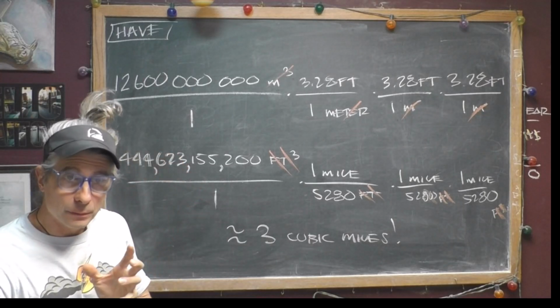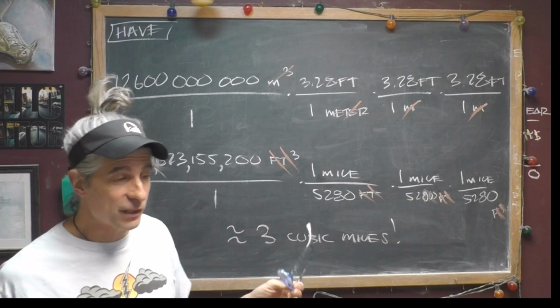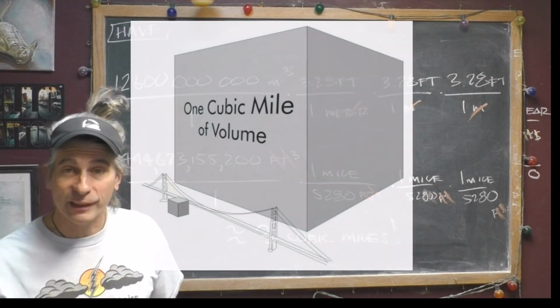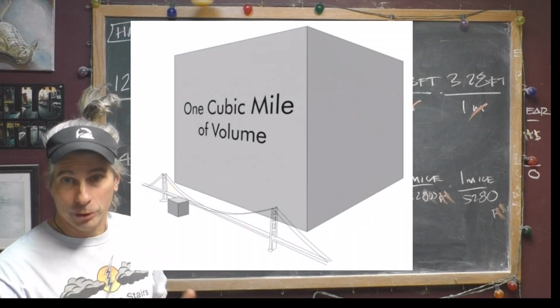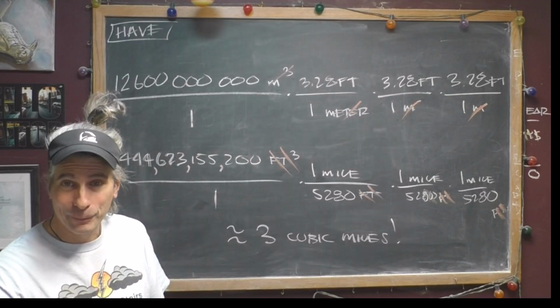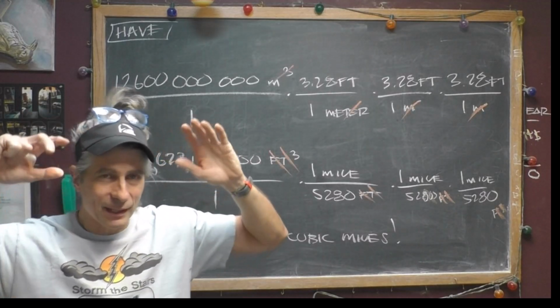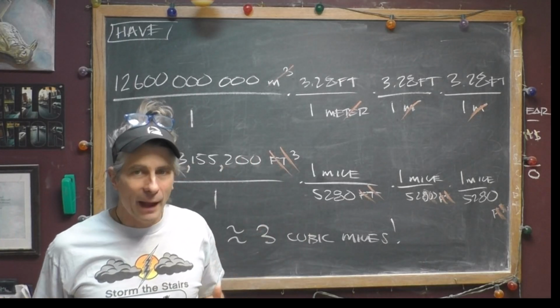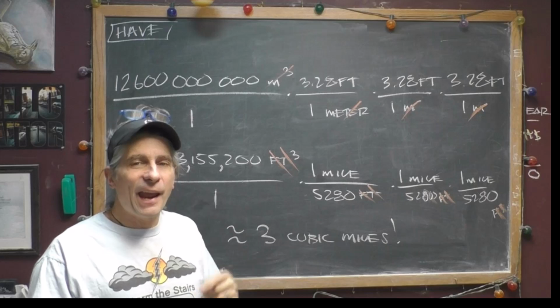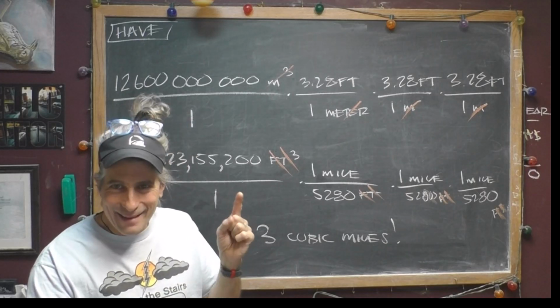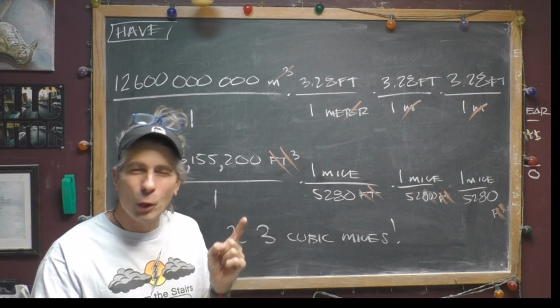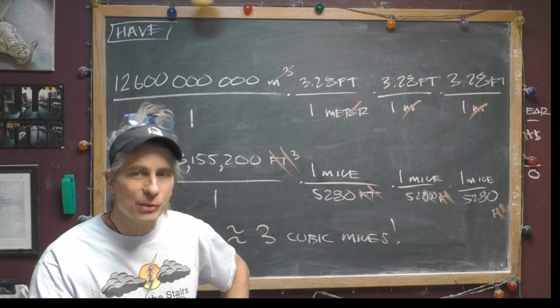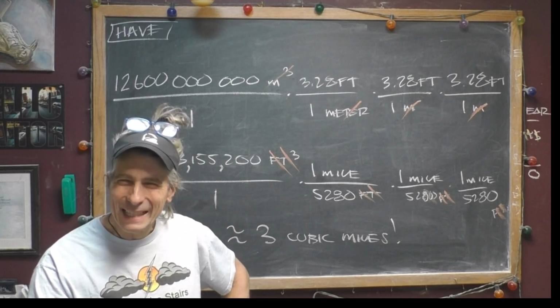Now, a cubic mile, well, first of all, this is what it would look like if you could actually see it. That's the Golden Gate Bridge. That's a cubic mile. To give you an idea of the scale of a cubic mile, you could fit every human being inside of that thing, and it would only fill it about 10% of the way. What?